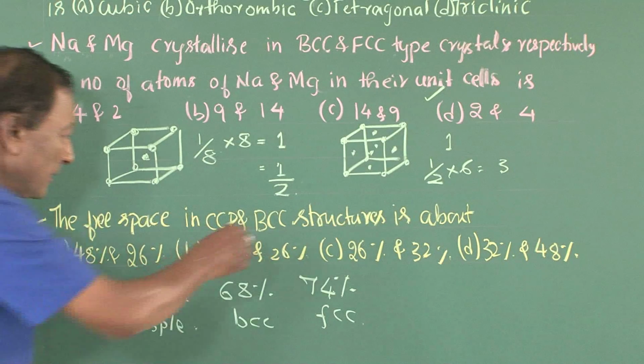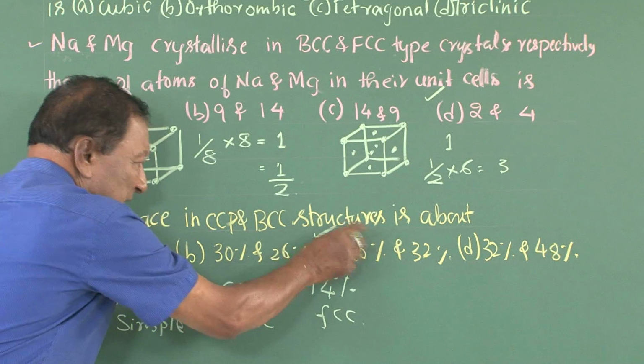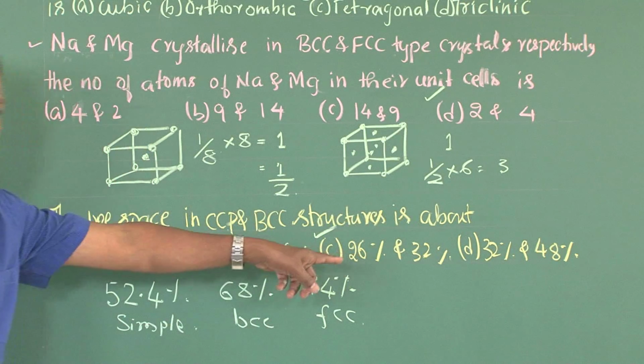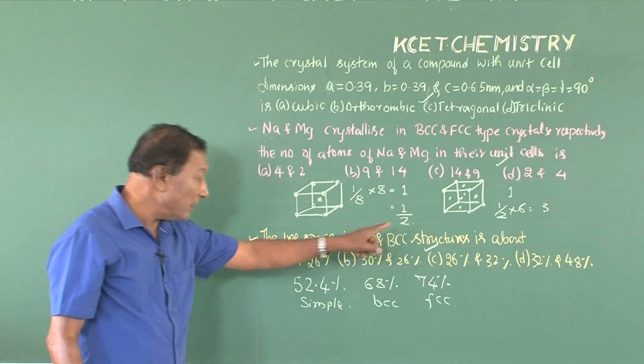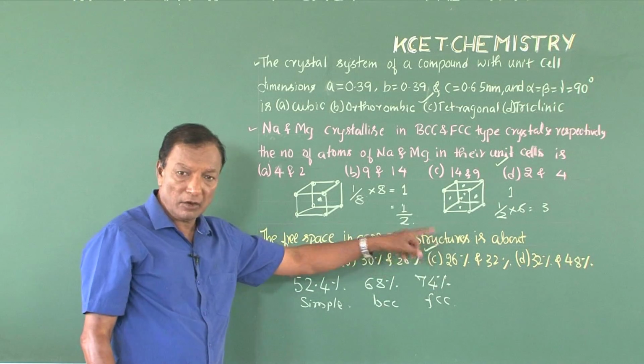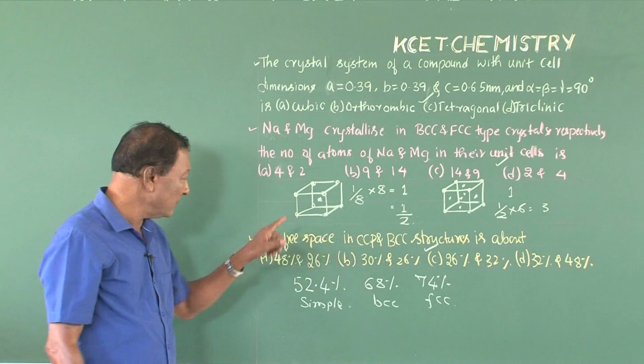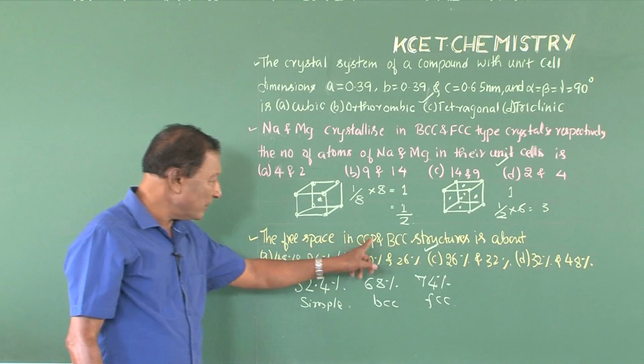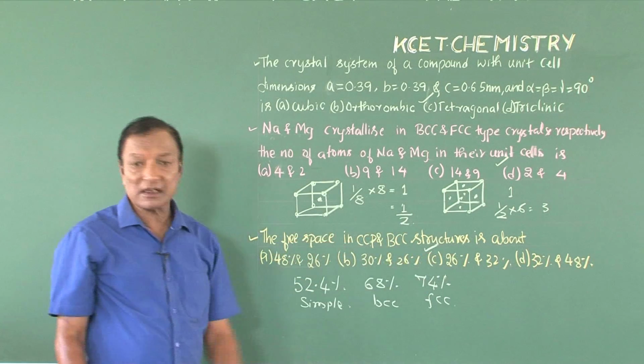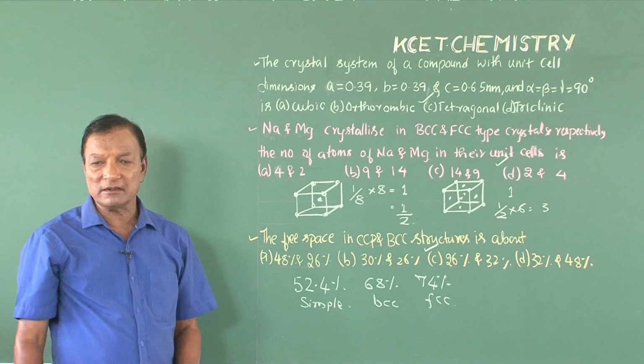Thereby, 26% for CCP and 32% for BCC is seen in option C, and option C is correct, and the free space for these two are 26% and 32%.